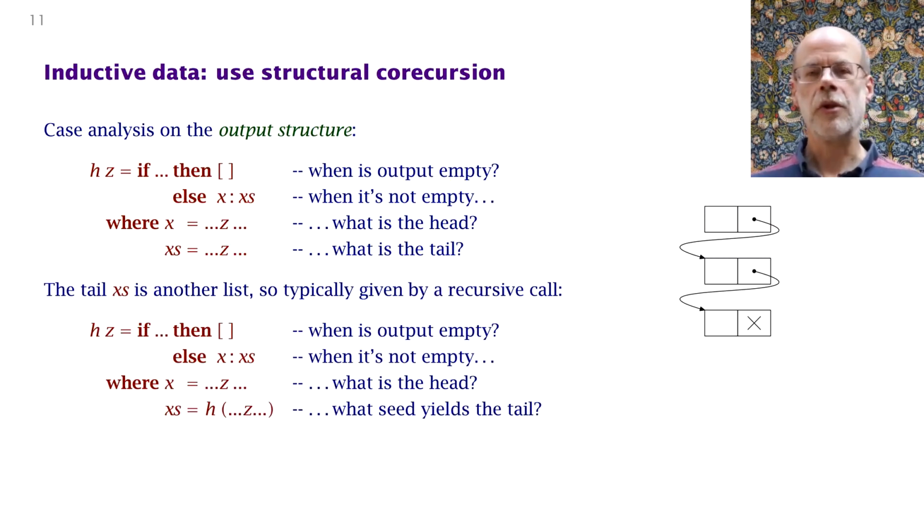So a more refined pattern, which is often but not always applicable, is that the tail of the list xs is the result of a recursive call on some other input, generated somehow from z. So your only question now is, what is the data that I should give to this recursive call? What is the seed from which I should grow the tail of the result?